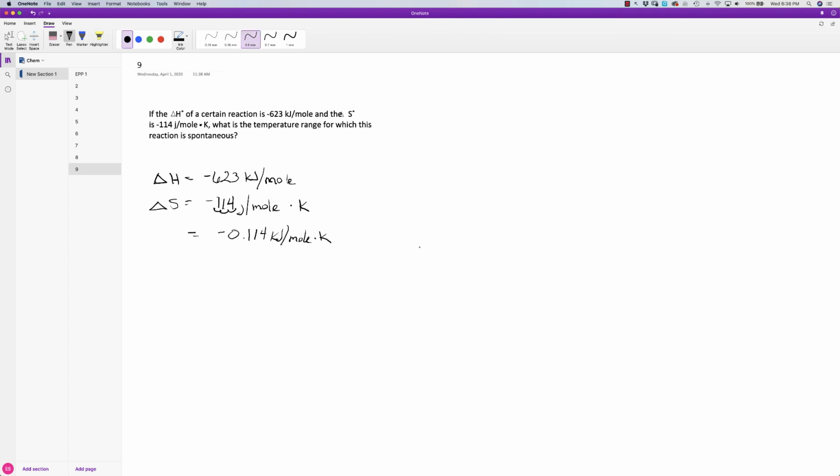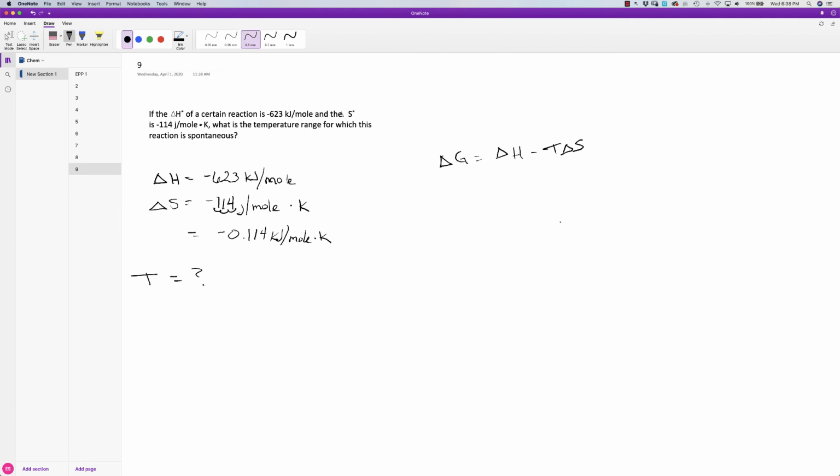So this is the Gibbs free energy, and we want to find out when it's spontaneous. So we need to figure out what the temperature would be. Here's our equation: Gibbs free energy is equal to enthalpy minus temperature times entropy.